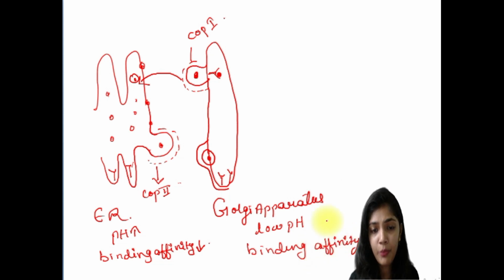So, the proteins having the KDEL sequence will bind to the receptor of the Golgi apparatus, and again be exported to the endoplasmic reticulum. So, our question was where the KDEL receptors are present. Our answer will be that it is present both in the ER as well as in the Golgi apparatus.